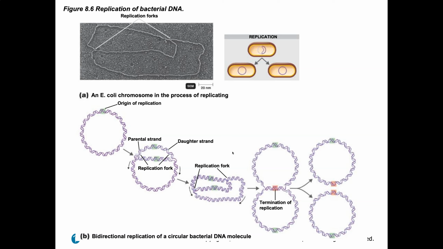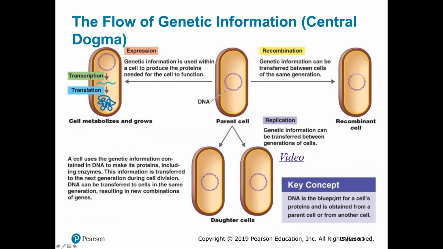This is just showing you replication, binary fission of the cell first replicating the DNA. So this is vertical gene transfer, right? Because it's copying the DNA to send one copy to one new cell, one copy to the other new cell. So that was vertical gene transfer. I spent a ton of time on that before. I'm really not going to focus on it any more than I have to now.